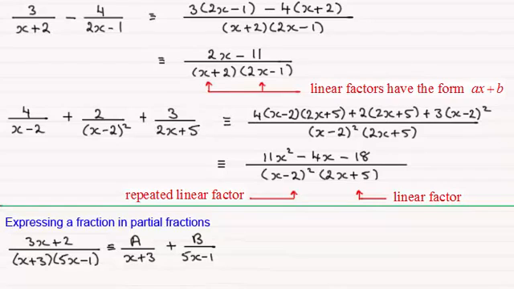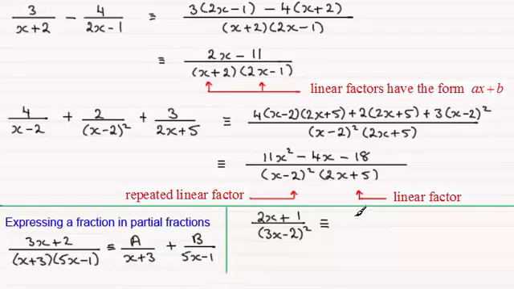So when it comes to examples like this, let's just take this example, 2x plus 1 divided by the repeated linear factor 3x minus 2 all squared. What kind of partial fractions would we get for this? Well, being a repeated linear factor, we're looking at 2 partial fractions.